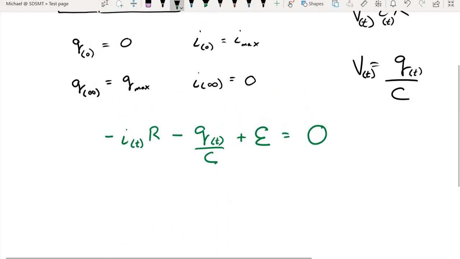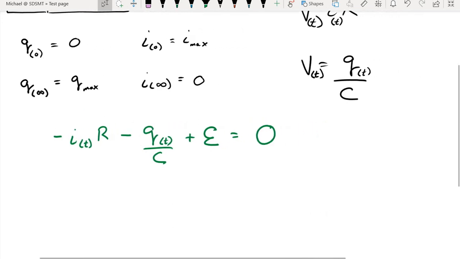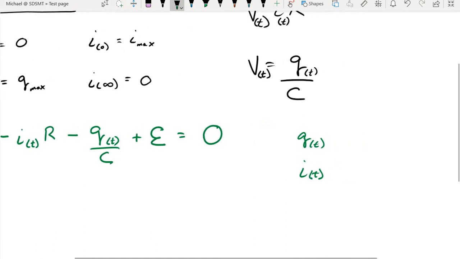But we're going to run into a problem here, because we have two unknowns and only one equation. We're going to have functions for the changing charge and the changing current, and I can't solve for two unknowns if I only have one equation.